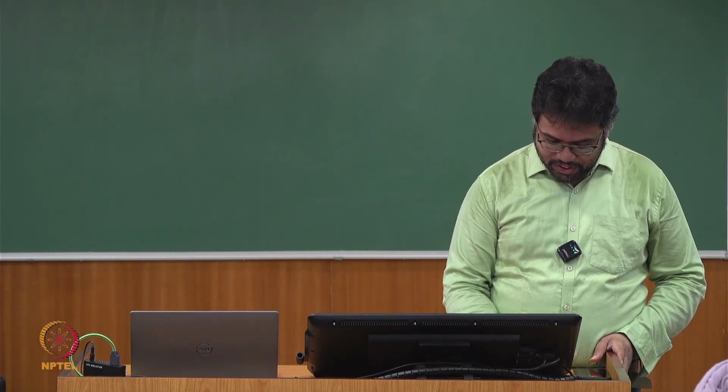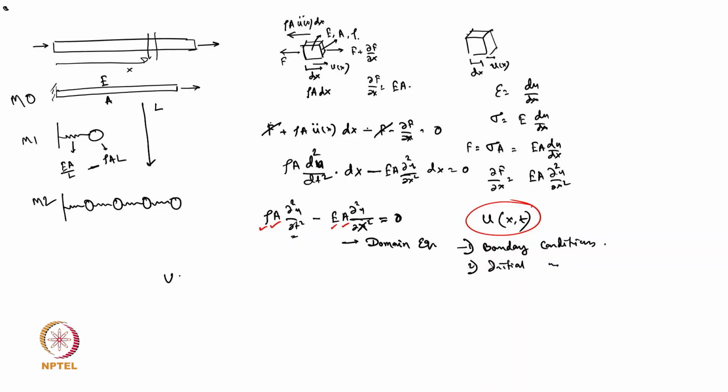So let's think how we can do that. u of x comma t, we can write as a function of x and a function of t. I will just put it as phi of x into q of t. That is known as variable separation.